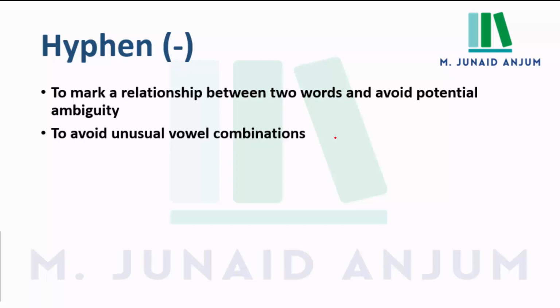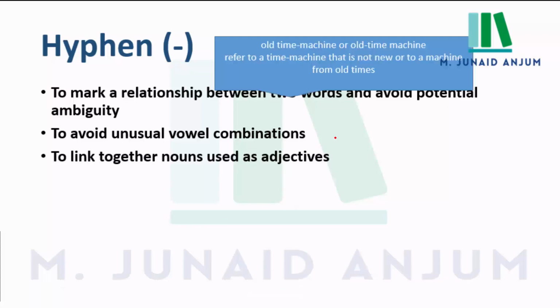It is also used to avoid unusual vowel combinations and to link together nouns used as adjectives. Old-time machine or old time-machine: you can see that these refer to a time machine that is not new or to a machine from old times. So if you add the hyphen in the wrong place, it will totally change the meaning of the sentence.